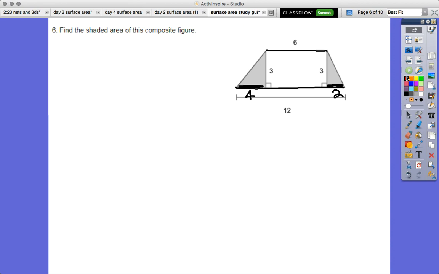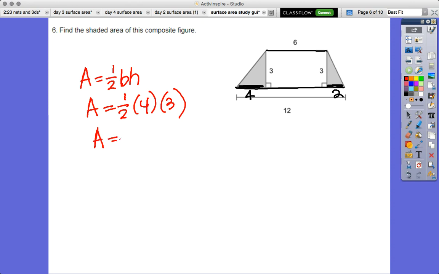So let's look at the area of both of these shaded triangles. So the area of a triangle is 1/2 base times height. The base is 4 of the first triangle, and the height is 3. And that's going to give me an area of 6. Now let's find the area of this triangle right here.